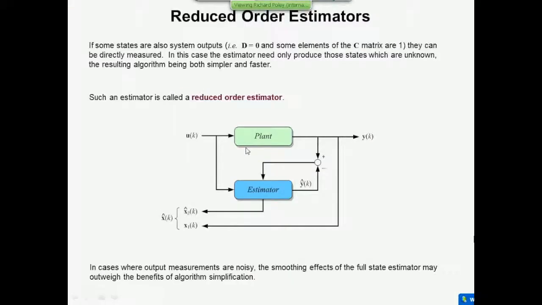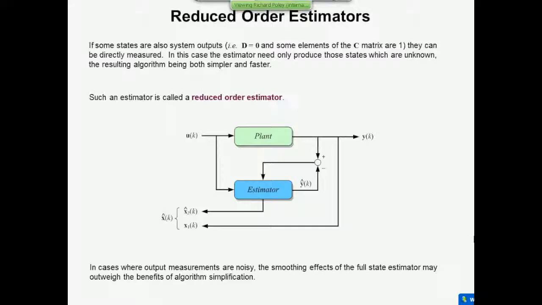Okay, the next way that we're going to look at improving estimator performance is not through performance so much as efficiency, code efficiency. And this is useful in cases where some of the internal states appear at the outputs, and we then can redesign the estimator if we want to make use of some computational savings by only estimating the states that we can't measure.